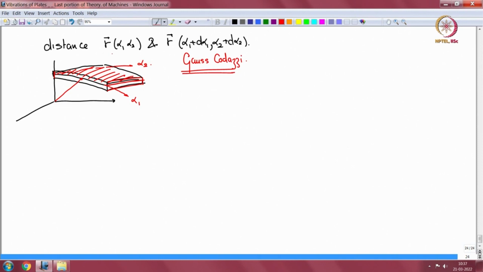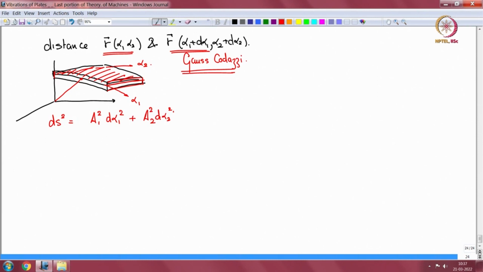So, on the middle surface we have a point at alpha 1 alpha 2, then a little distance away we have another point, and we found that distance squared to be a1 squared d alpha 1 squared plus a2 squared d alpha 2 squared.